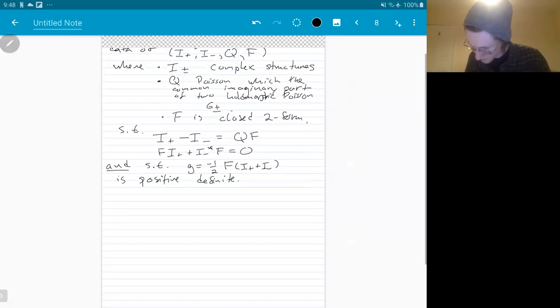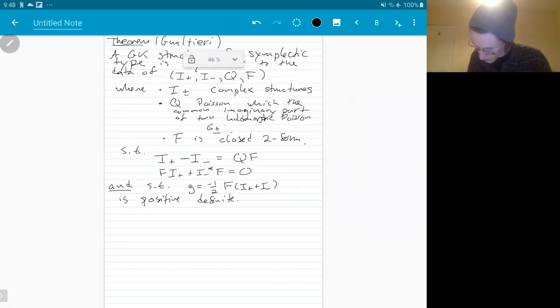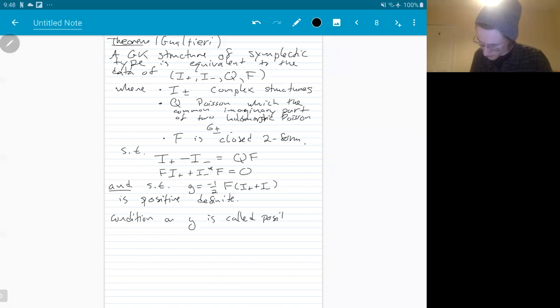And yeah, so this condition on G is called positivity. Sometimes we say positivity of F, even though it also involves I plus and I minus. And it makes sense to relax this condition.